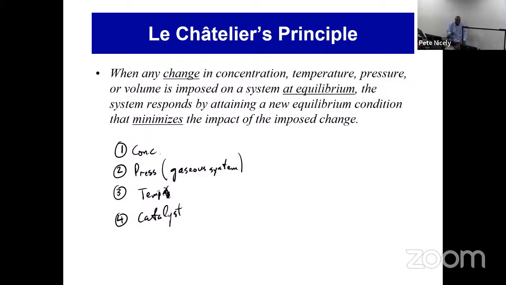The key thing you need to remember is that when you make the change, the system will no longer be at equilibrium at that point, but the system will respond to try to attain equilibrium by doing the opposite of the change that you imposed on the system. I hope I'm making it clear, all right? So whatever you do to the system, you disturb the equilibrium, the system will respond by doing the opposite to reestablish equilibrium, all right? That's basically what Le Chatelier's principle is saying.